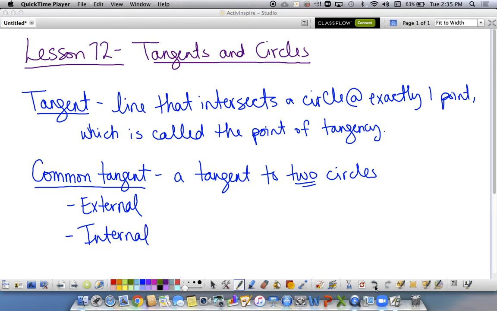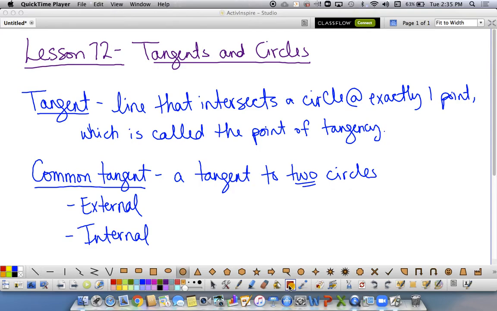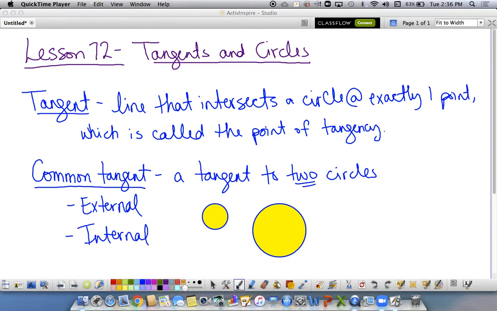So what would that look like? Okay, an external tangent, we're going to kind of draw some small circles up here. Maybe they're not that small. External tangents will be a line that's on the outside of the circles. Okay, I could draw 2.